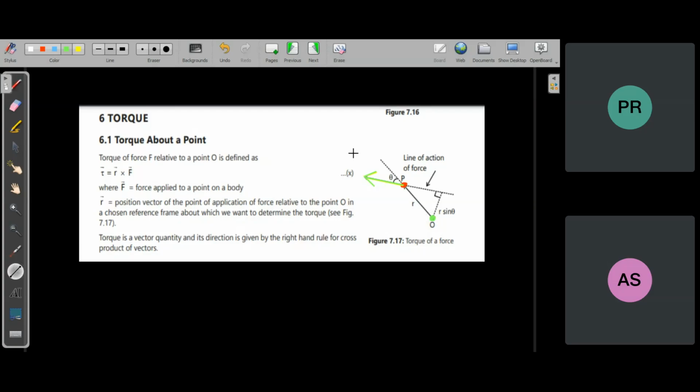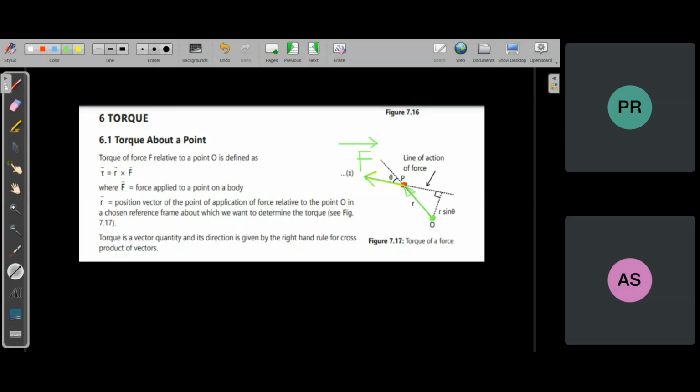So first of all, force is acting here on the particle. This is the F vector. And you have to find the torque about another point O. So first we define a vector joining the point O and the point where the force is acting.